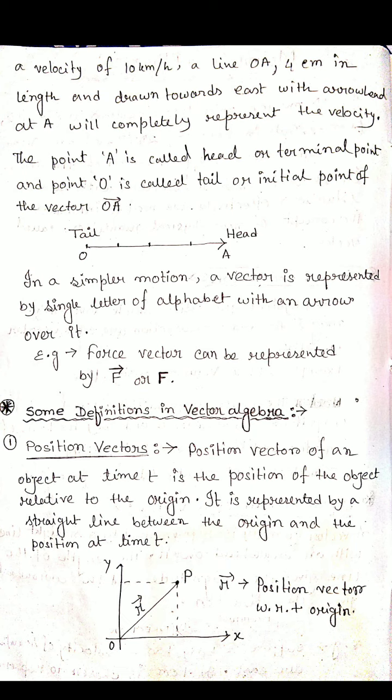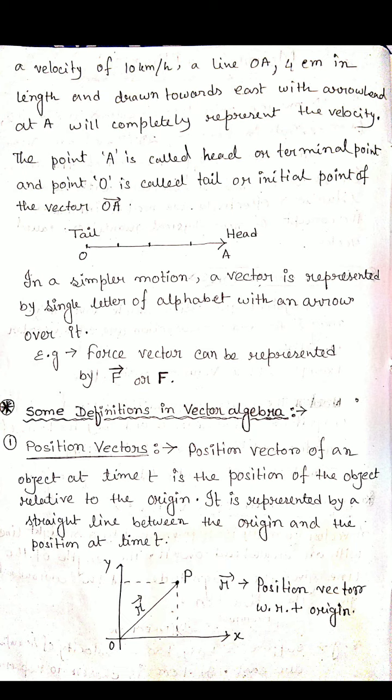Sometimes in higher studies you see that some vector quantities are written as bold letters. In this chapter we do not use bold letters, but some vectors are represented by a single letter of the alphabet.